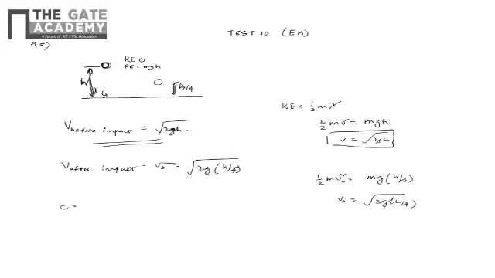Now the coefficient of restitution is basically the ratio of the relative velocity after impact to the relative velocity before impact. Just the magnitude is important.